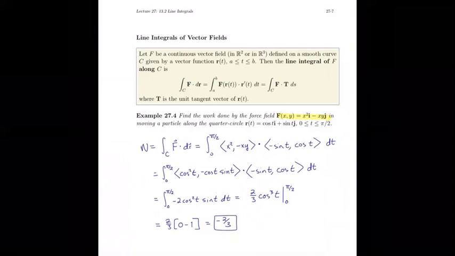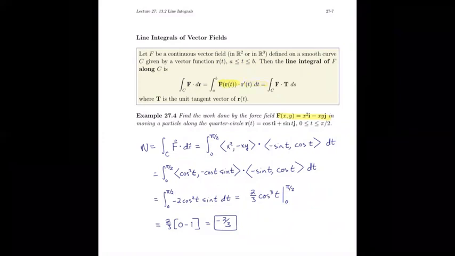So if F is a continuous vector field defined on a smooth curve given by the vector function r of t, and t ranges between a and b, then the line integral of F along C is the vector function F dotted with dr. And that's actually equal to F of r of t dotted with r prime of t dt. Remember that r prime of t is dr/dt. So this is now a dot product of two vector functions, F of r of t dotted with r prime of t.